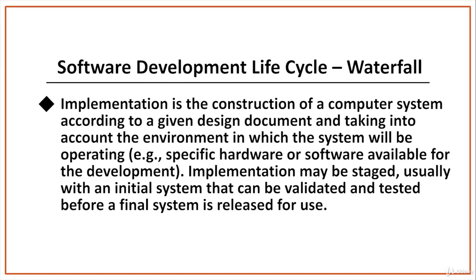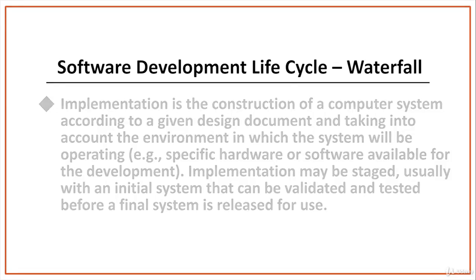Implementation is the construction of a computer system according to a given design document, and taking into account the environment in which the system will be operating, for example, specific hardware or software available for the development. Implementation may be staged, usually with an initial system that can be validated and tested before a final system is released for use.